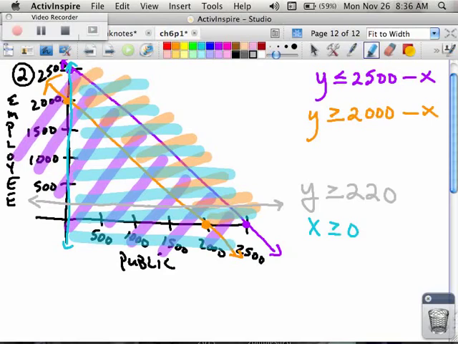So when I shade that in gray, that means I shade above that horizontal line. And this does affect our feasible region because now I know that I can't be below the gray line. And so we have some points that are already constraining us. So here's one intersection between orange and gray, one between purple and gray. And these are the minimum lower levels of where our feasible region will be.